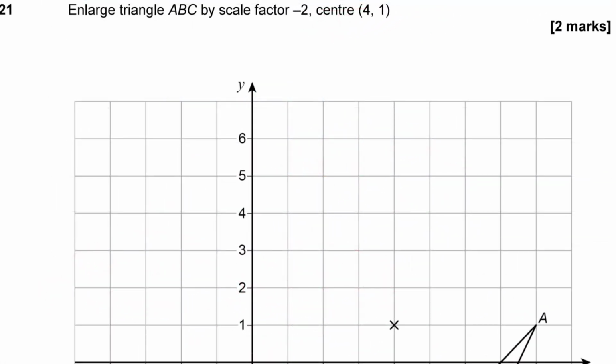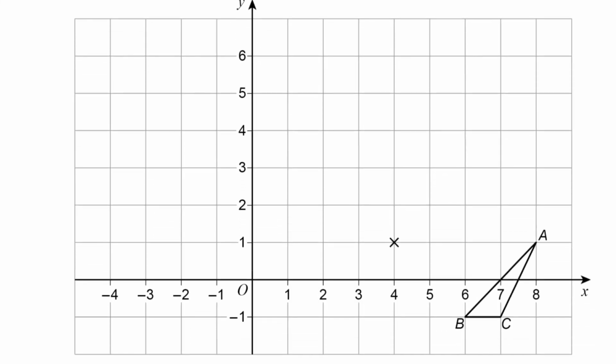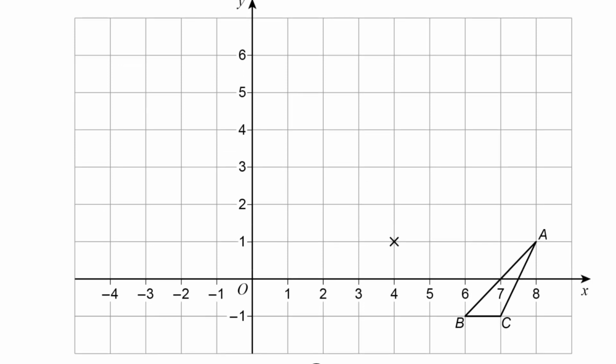Question 21. Enlarge triangle ABC by scale factor of -2, center 4, 1. Okay, so the triangle's already drawn and the center of enlargement is also drawn. What we need to do is find the image points of A, B, and C. Now, when you've got a negative scale factor, your object and image are going to appear on opposite sides of the center of enlargement.